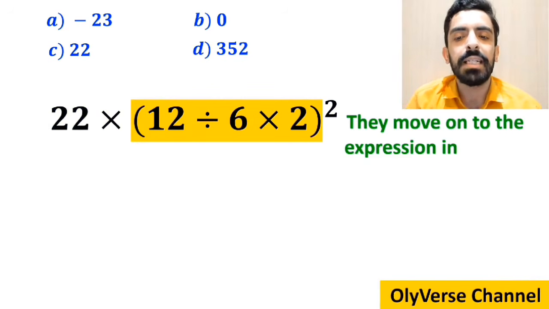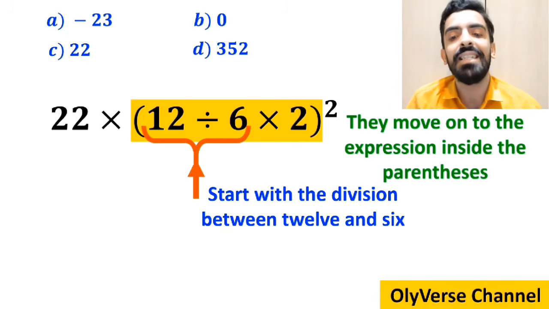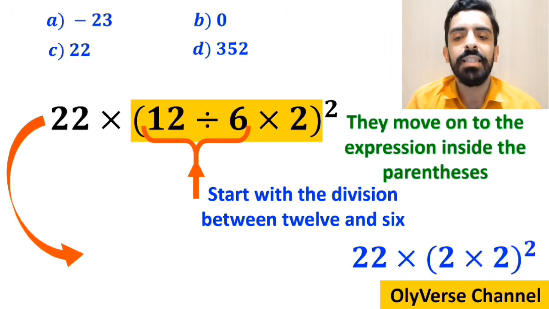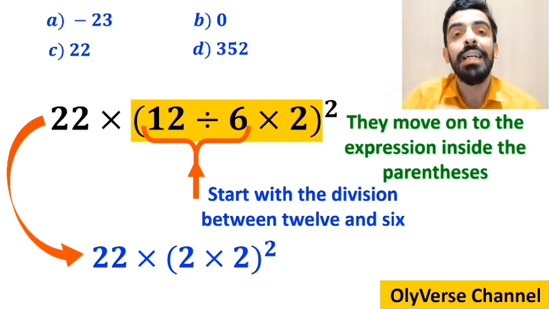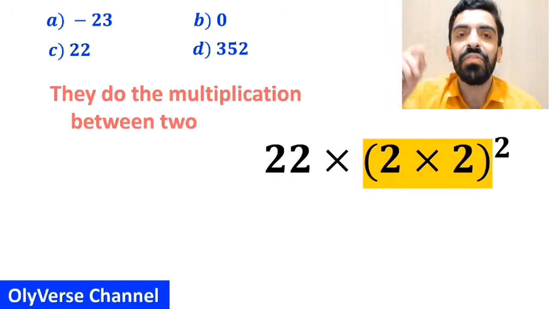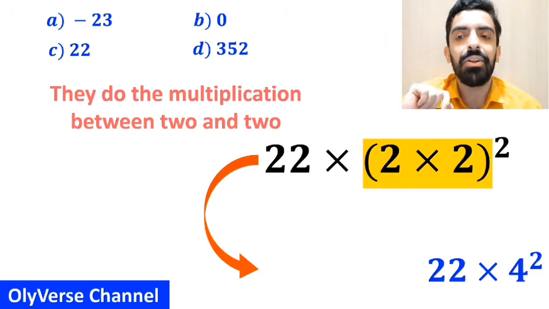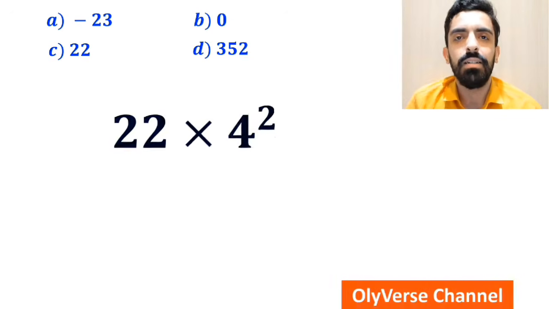Then they move on to the expression inside the parentheses and solve the division between 12 and 6. So they simplify this expression to 22 multiplied by 2 times 2 inside the parentheses and all the square. Next, they do the multiplication between 2 and 2 and write this expression as 22 multiplied by 4 squared.